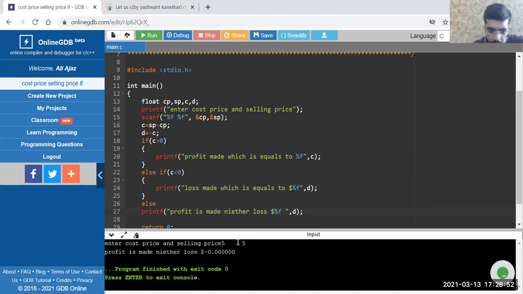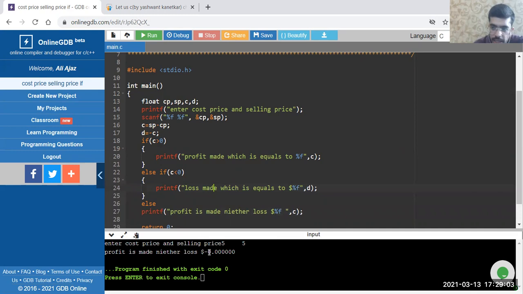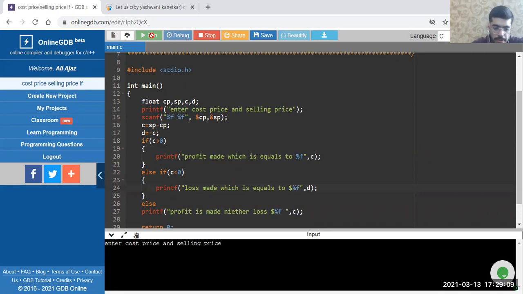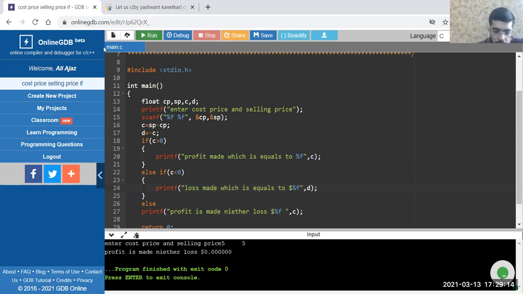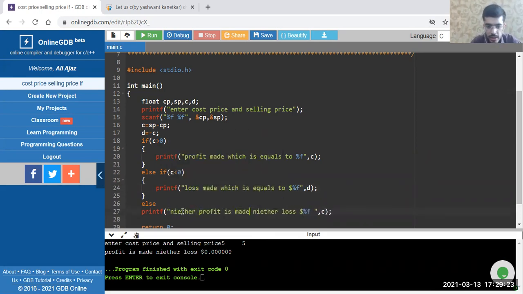So here what we have to do is put the value of c, because 0 is neither minus nor positive. So here we go, both the same values. What we have to write over here is: neither profit is made nor loss.